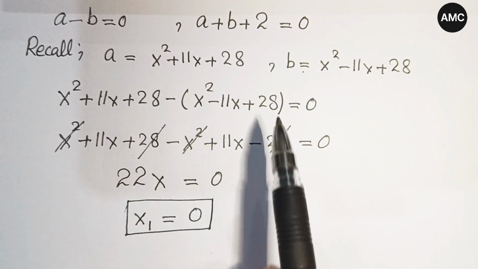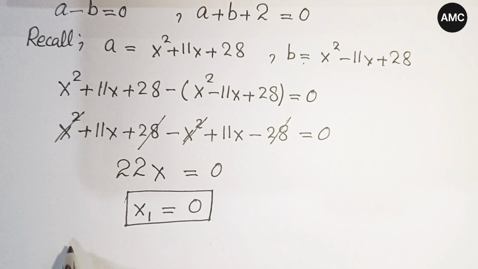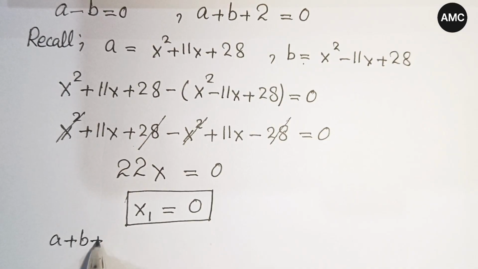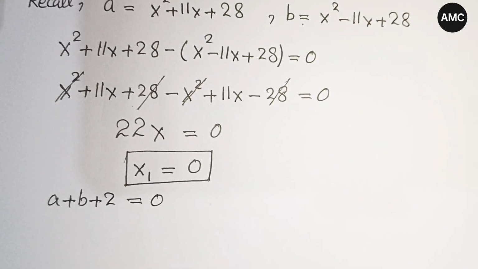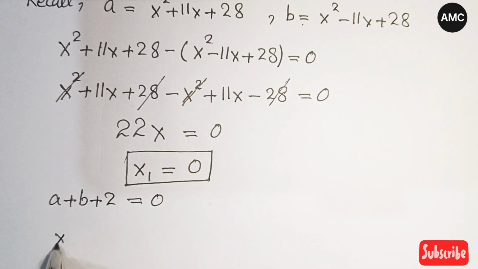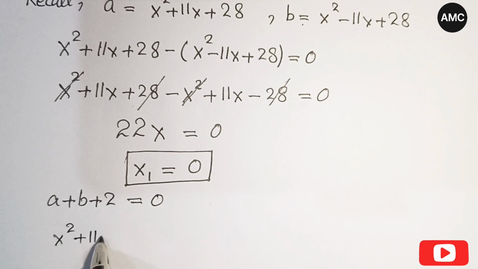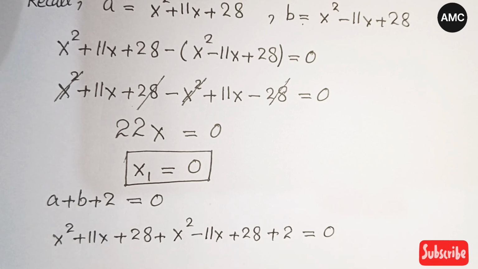Now putting the same values in the other equation, so here we get a plus b plus 2 is equal to 0. Now putting the values of a and b, we have the value of a, that is x squared plus 11x plus 28, and plus the value of b, x squared minus 11x plus 28, and plus 2 is equal to 0.